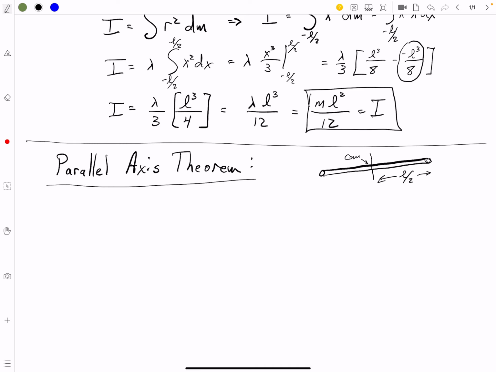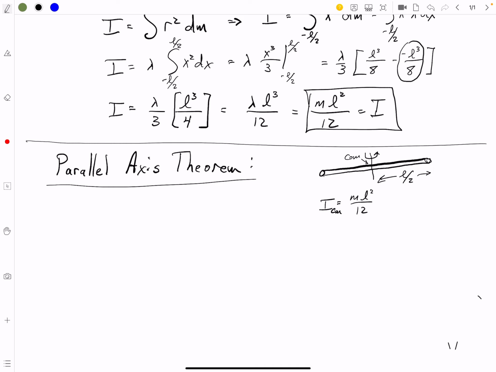We just found our moment of inertia about this axis. So if we were to rotate about an axis through the center of mass, we could say that our moment of inertia is equal to ml squared over 12. Okay, so let's just keep that in our back pocket. In fact, we could call it ICM, that's our I for the center of mass.